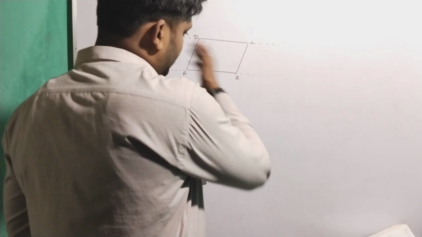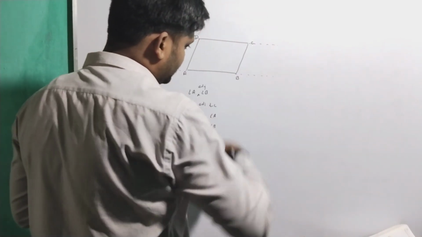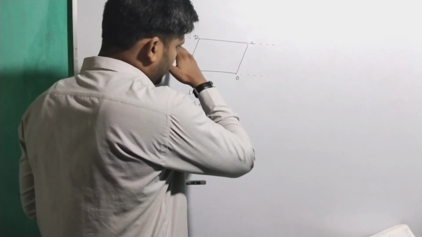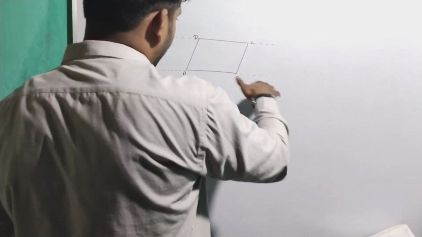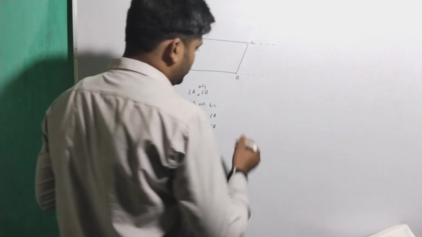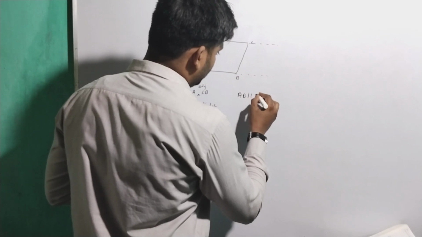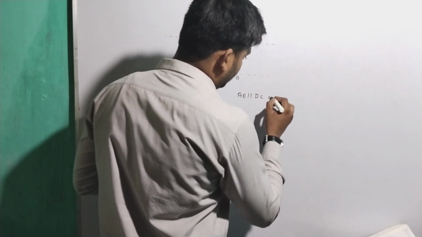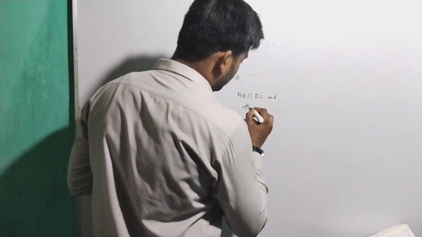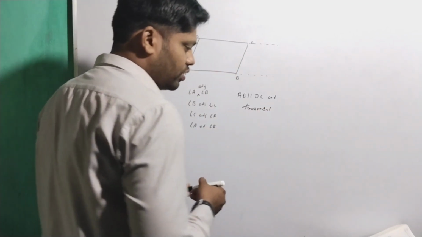We can say AD is parallel to BC as well as transversal, and AB is parallel to DC and transversal also. You understood what a transversal is?